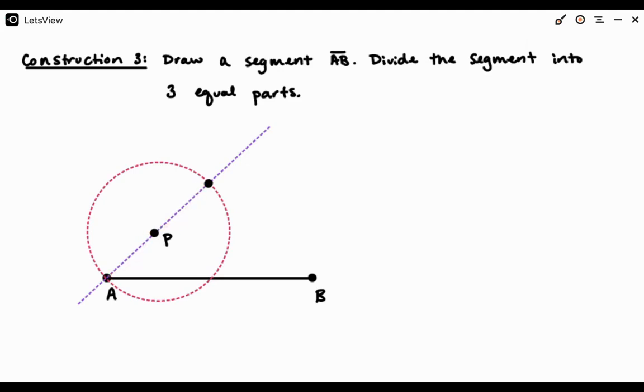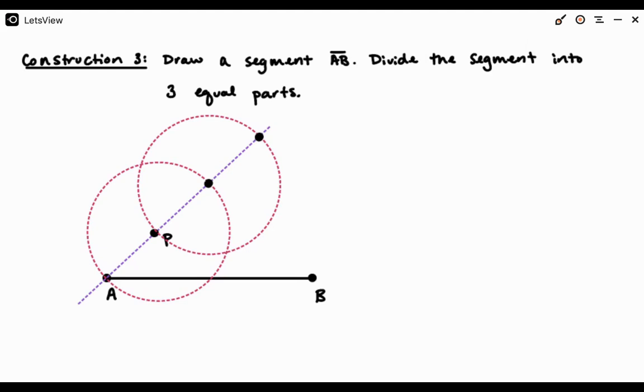Now let's copy it 1 more time. So same circle, same radius, but this time centered at our second point. Then we can place another point. And now we have 3 segments, all of the same length.